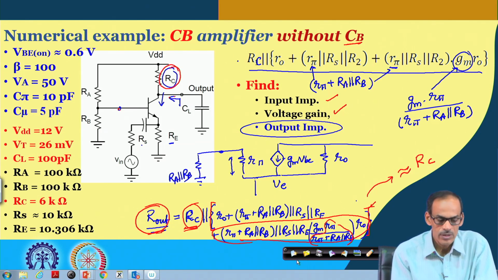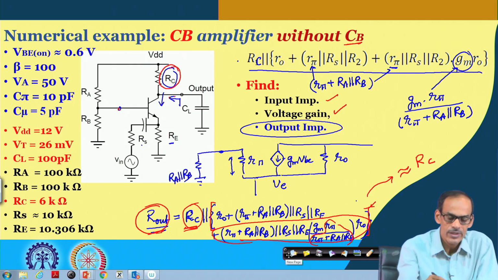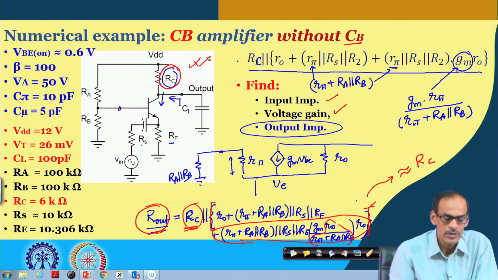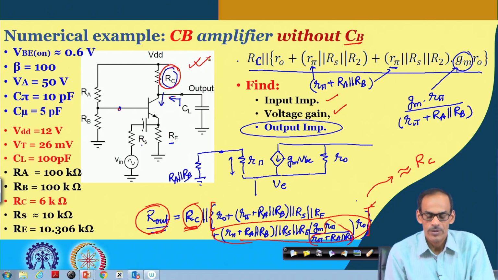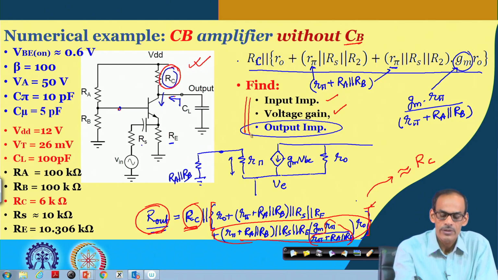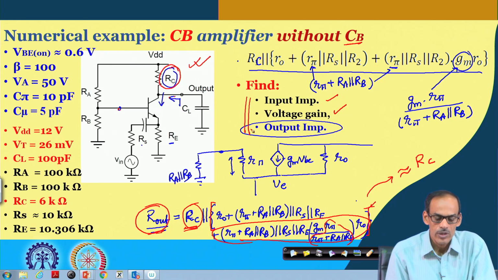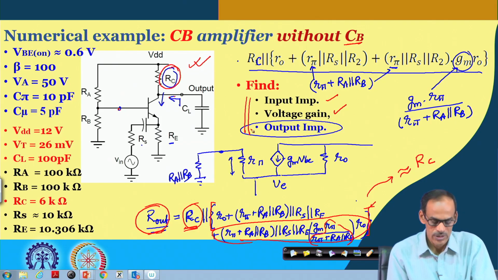What we have seen here is that the circuit has already been designed and given to us, and we need to find the different performance metrics. Now, in an actual scenario, you may rather have to design this circuit for a given requirement. So, in the next slide we will talk about the design guidelines.